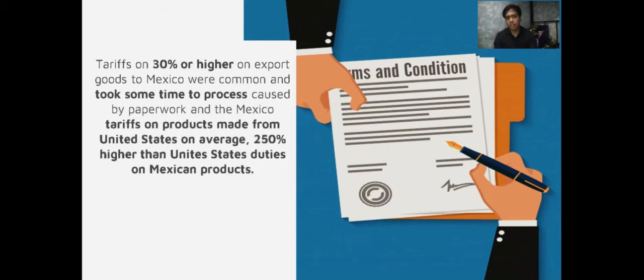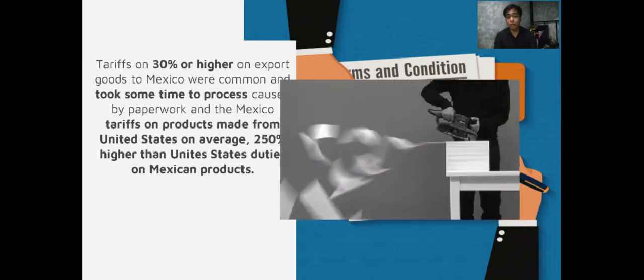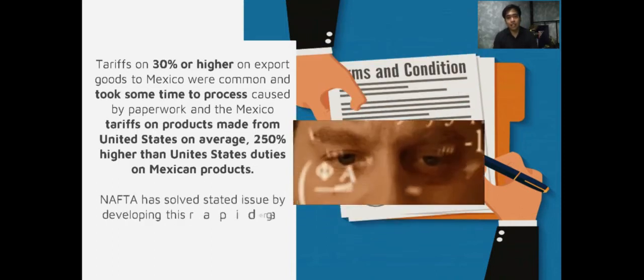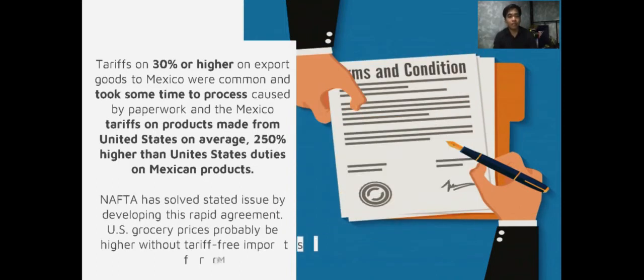They took time to process because of paperwork, and Mexico's tariffs on US-made products were on average 250% higher than the US duty on Mexican products. NAFTA solved this issue by developing this rapid agreement. US grocery prices would probably be higher without tariff-free imports from Mexico.